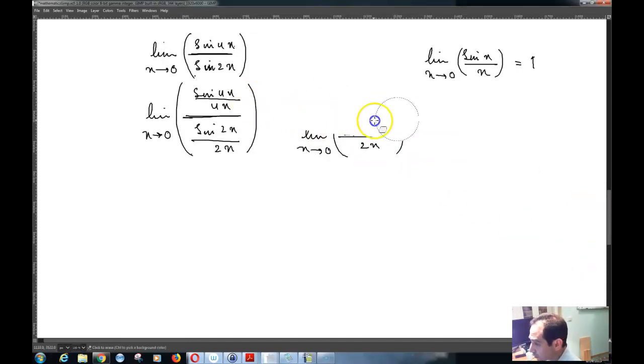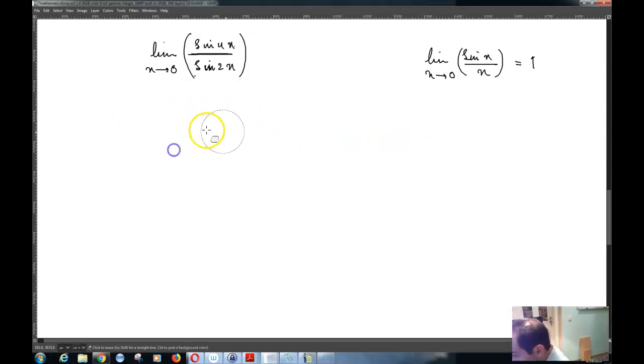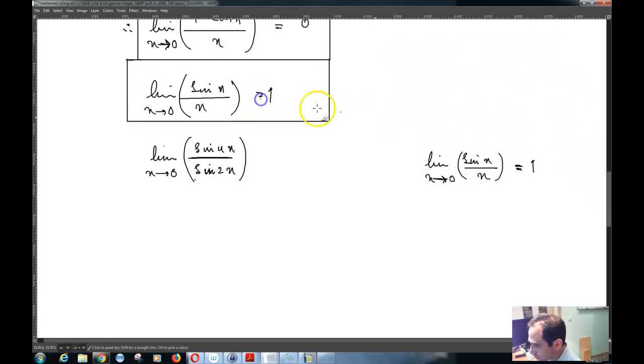Let me clear this out. So basically we said that the limit of sine x over x when x tends to 0 is equal to 1. We proved this over here.